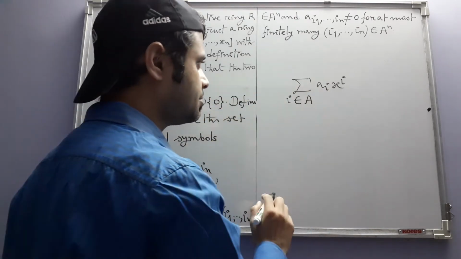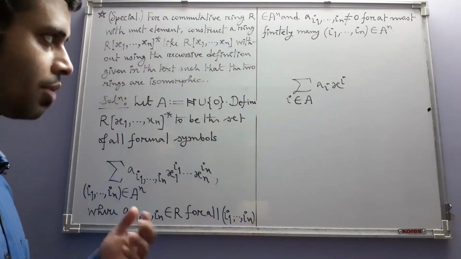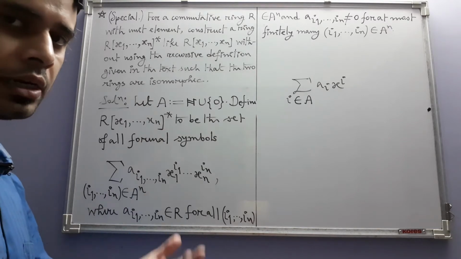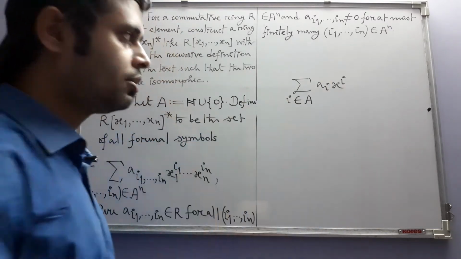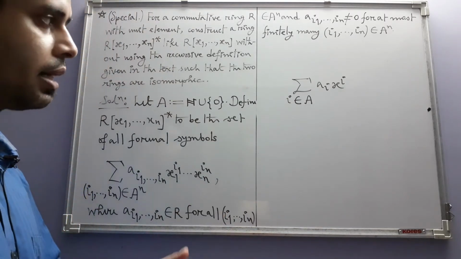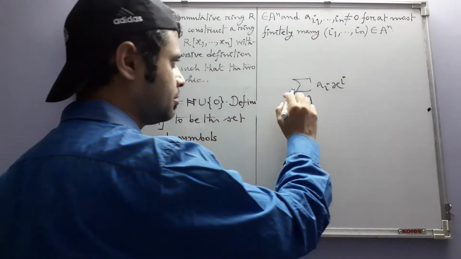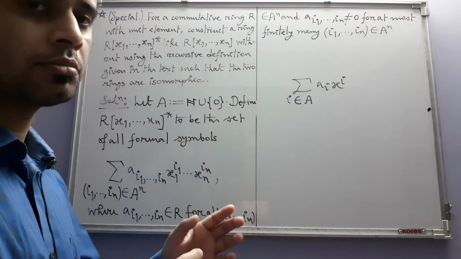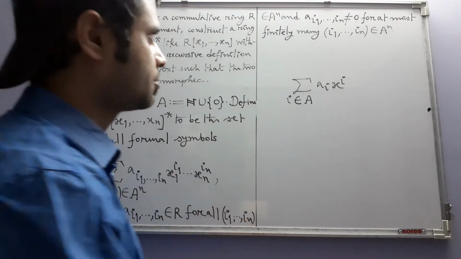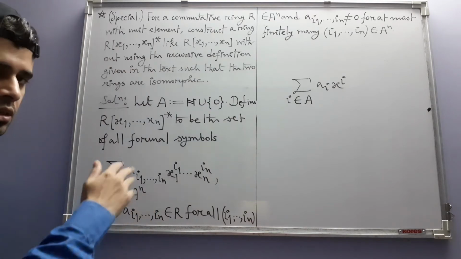So when I is 0, you have A naught x to the power 0. When I is 1, A1 x to the power 1, and so on. But to make it a polynomial, you have to mention that at most finitely many terms are non-zero, so that in the expression effectively there are only finitely many terms to work with. Okay, so the same thing is true here, only the dimension is higher.